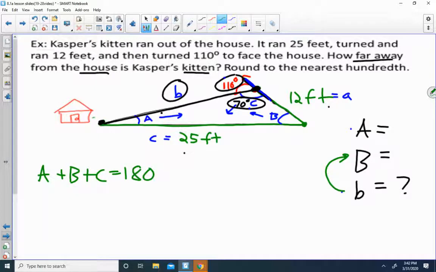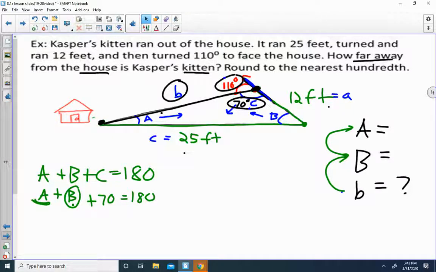I don't have a B yet. I just have a C, which is 70. And wait a minute. Yeah, I kind of need to have a second angle before I can find the third. Or in other words, in order to find big B, I need to find big A.